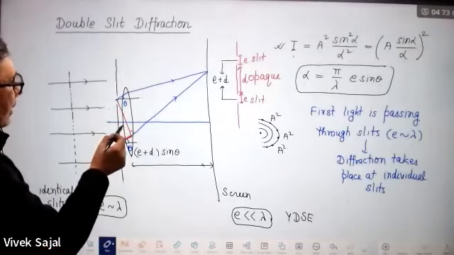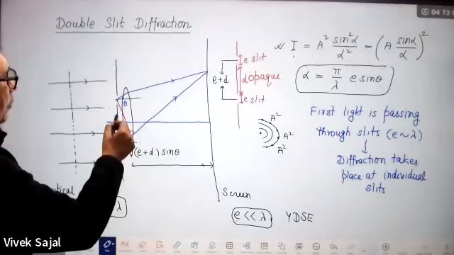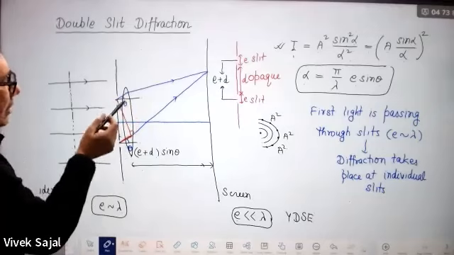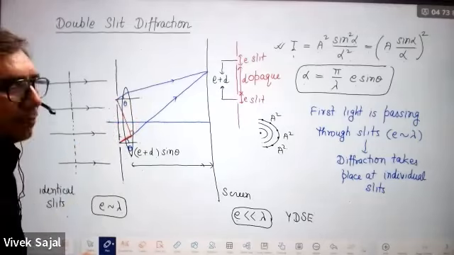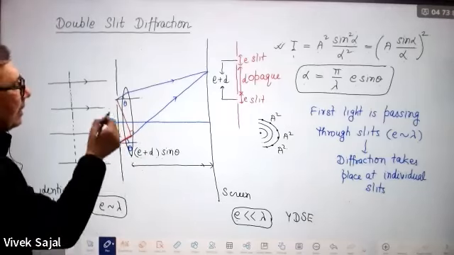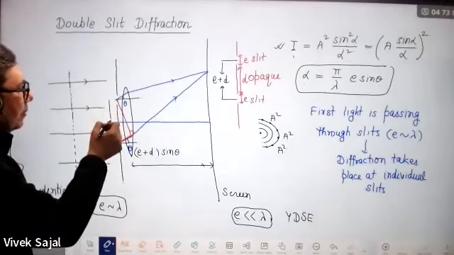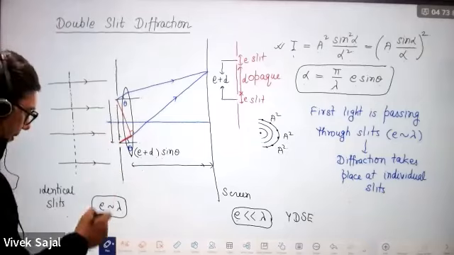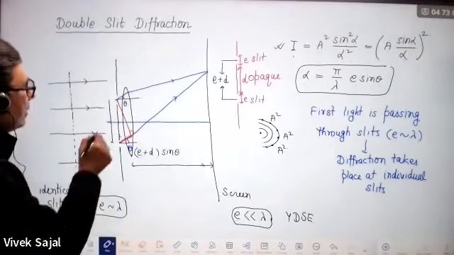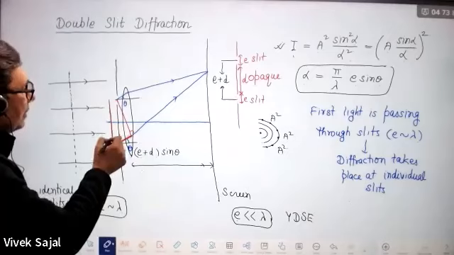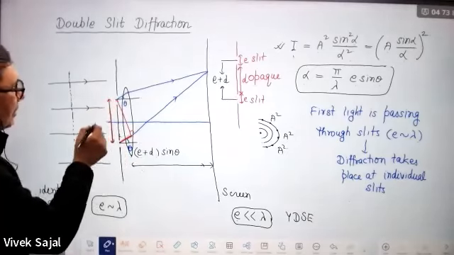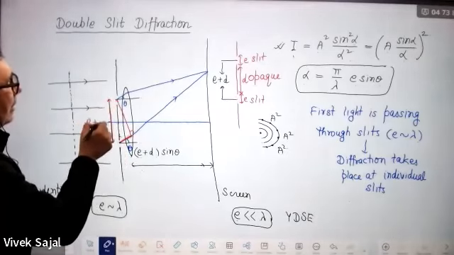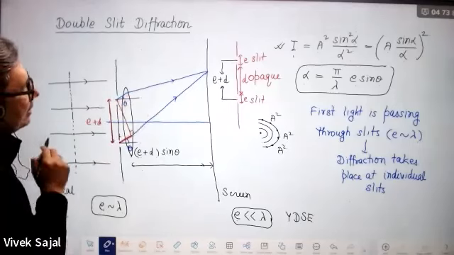So try to understand why it will be. ठीक है ना? Because you are choosing this angle as theta. Why is this E plus D sine theta? First, the center to center separation, this separation, is E plus D. Second, this angle is theta.